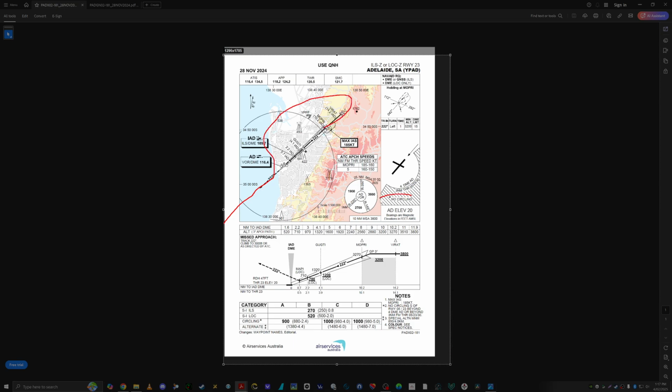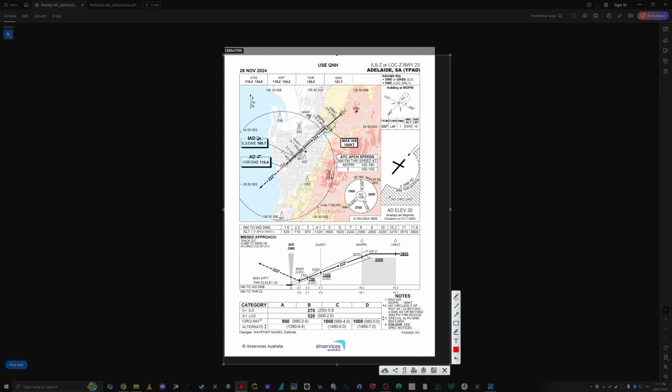Now, obviously, also note you can't do any circling 4 nautical miles DME from Adelaide, because once again you've got these Adelaide Hills, so you can't circle. So if you're coming in this way, that's the only way to do the circling there. So that's really a rundown of what everything means, or what the most important parts of the approach chart should look like.